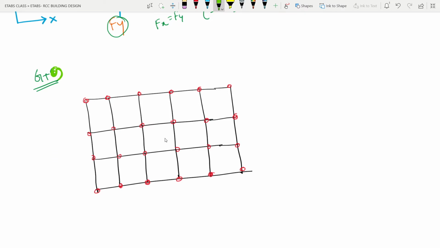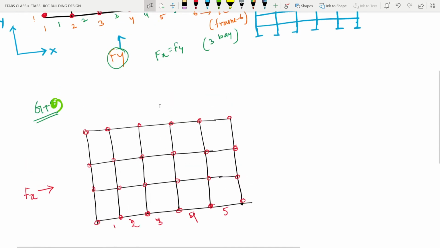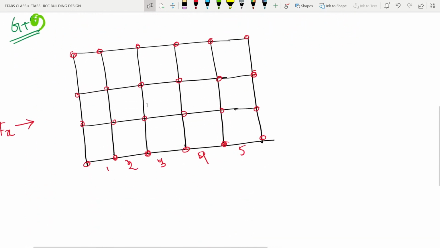In that case, maybe the force coming from the x direction, as we have more bays here, 1, 2, 3, 4, 5, along this direction these frames may be able to resist this Fx force.